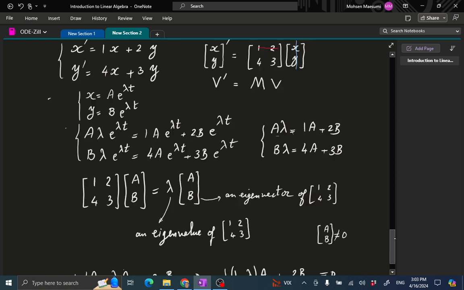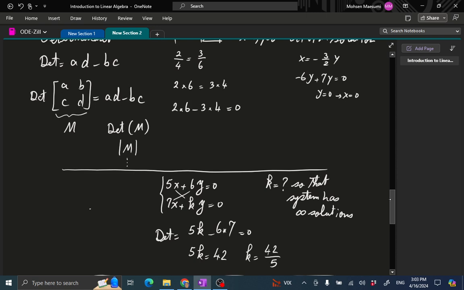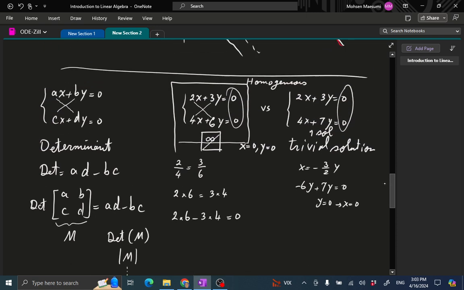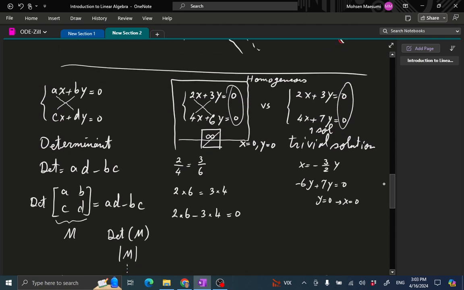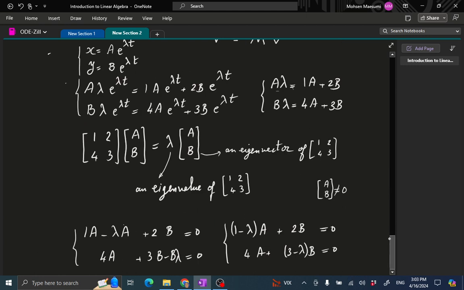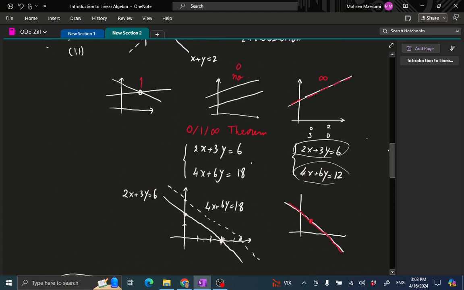Now you remember what we said before: if you have a system and you want to make sure that it has a non-trivial solution, then its determinant has to be 0.